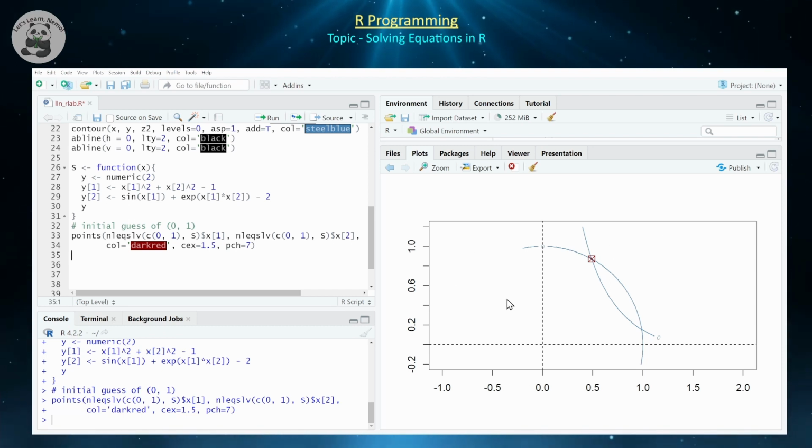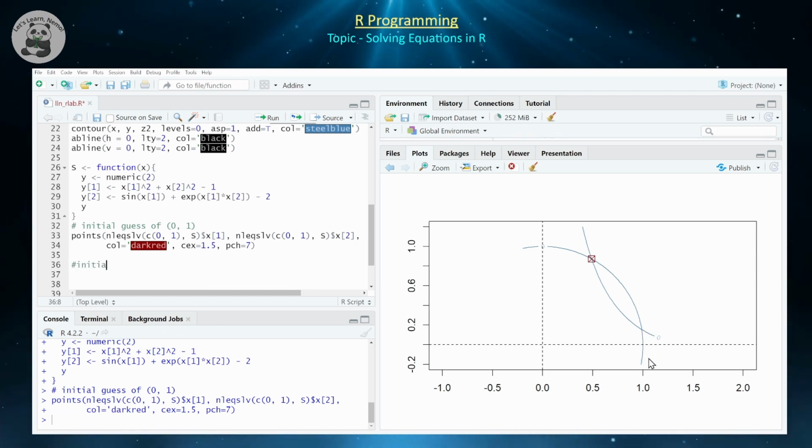And see, our initial guess of 0, 1 did converge to 0.5, but that's not the only solution. We need to use another initial guess to converge to the other solution. I think 1, 0 is really close to that point, so I'm going to use that as an initial guess.